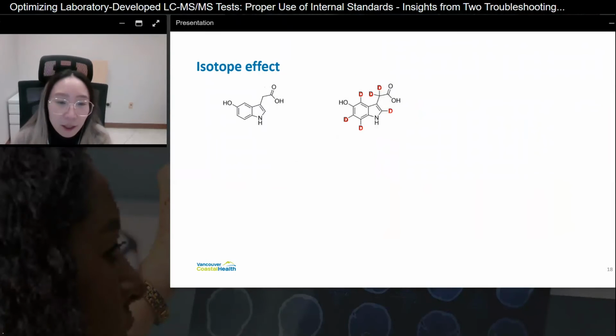So what would be our solution? We decided to try a different internal standard, a carbon-13 labeled version of the analyte. This one should perform more like the analyte compared to the deuterated internal standards.